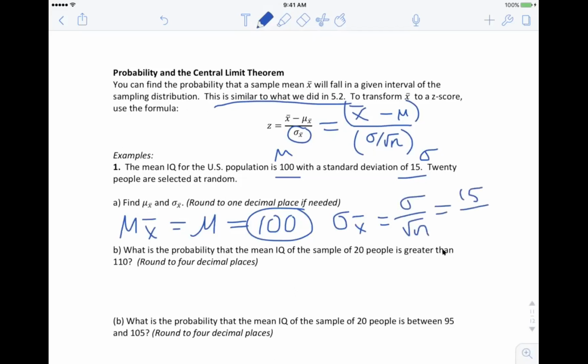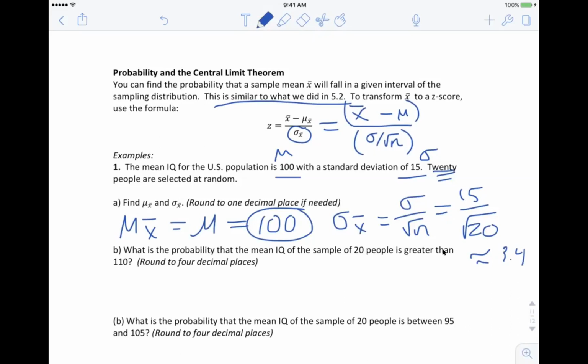Sigma is 15. 20 people are selected, that's the n. So 15 divided by the square root of 20. That's about 3.354. It says round to 1 decimal place, so we're just going to go with 3.4.